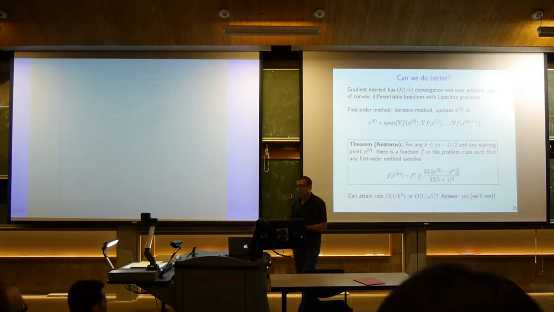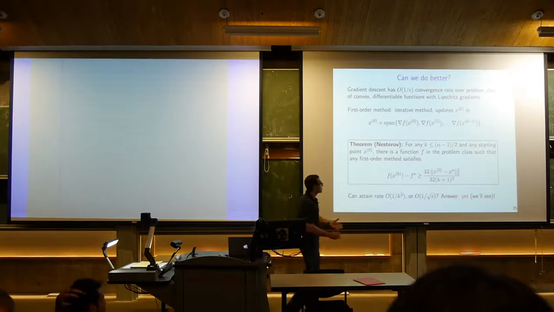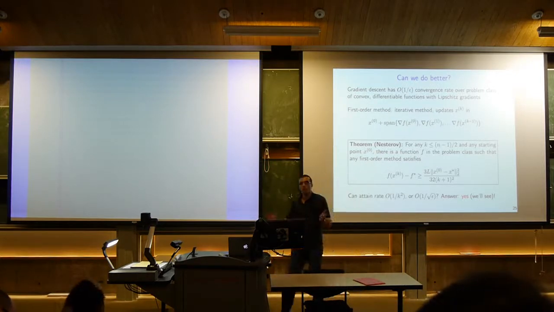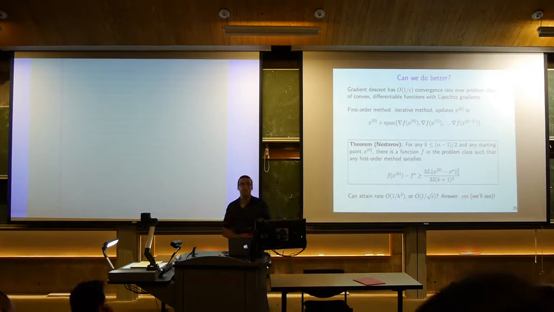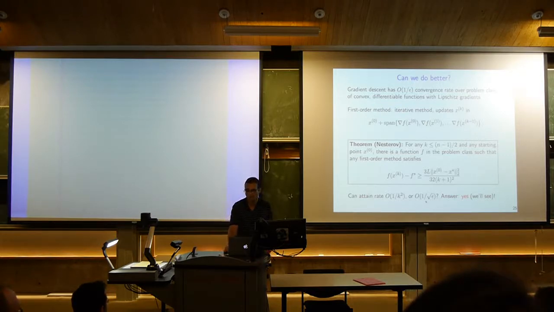Some things can outperform it for some problems in some instances, but in terms of its convergence rate over this whole problem class, accelerated gradient descent cannot be outperformed in some sense. So it's a very interesting and important sense of optimality. We'll cover that in a few lectures. For now, we just have in mind that gradient descent is doing pretty well, but it's not the best we can do.